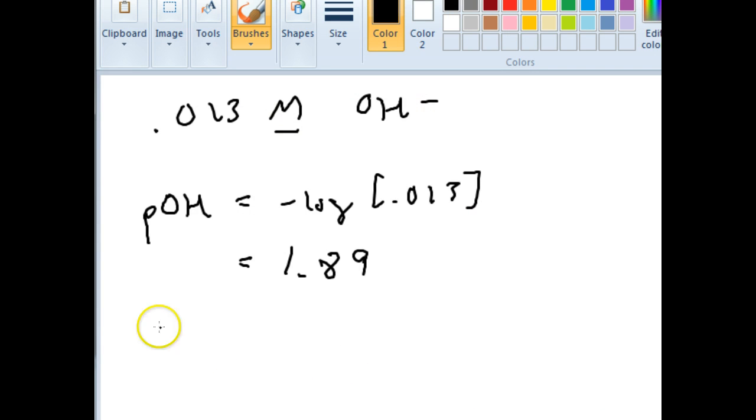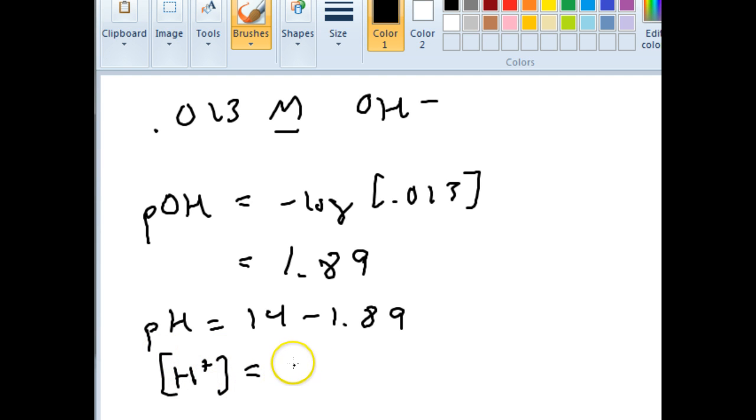Okay, sorry, but that's okay. Well, you know that pOH plus pH is 14, so the pH is equal to 14 minus 1.89, and that means the H plus concentration is equal to the antilog, the negative antilog of 14 minus 1.89, right?